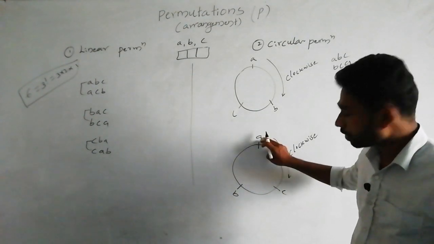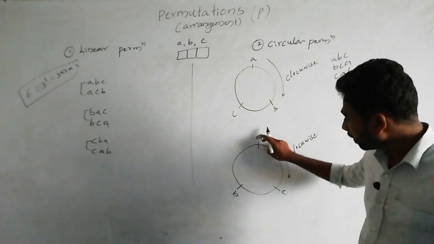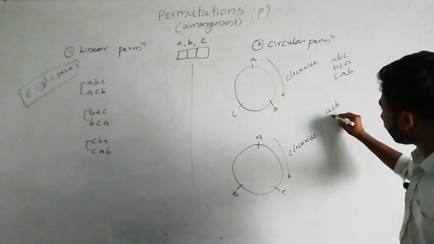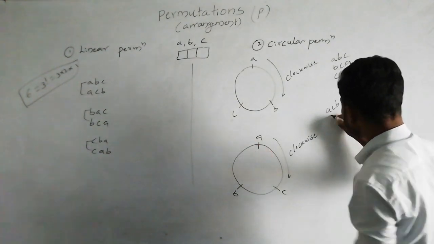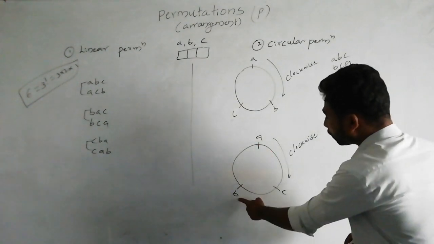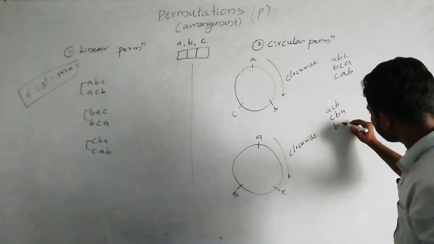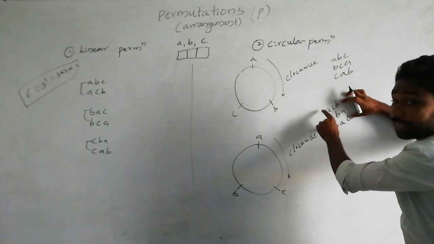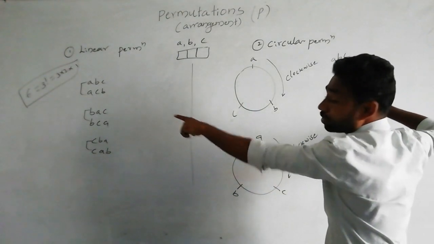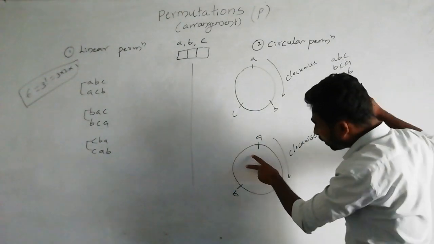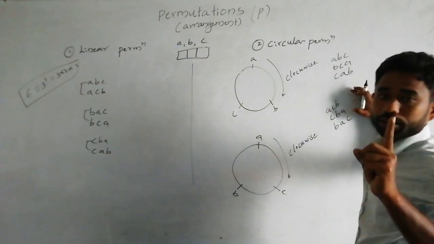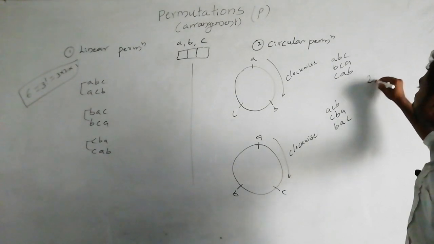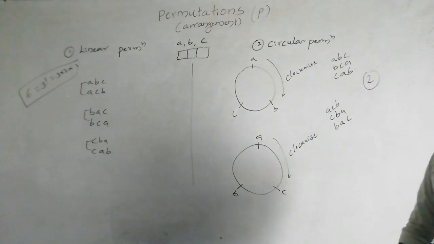C, B, A, second permutation. B, A, C, third. So write: A, C, B, C, B, A, next B, A, C. These three linear permutations are included in this one circular permutation. Clear? So here there are two circular permutations.